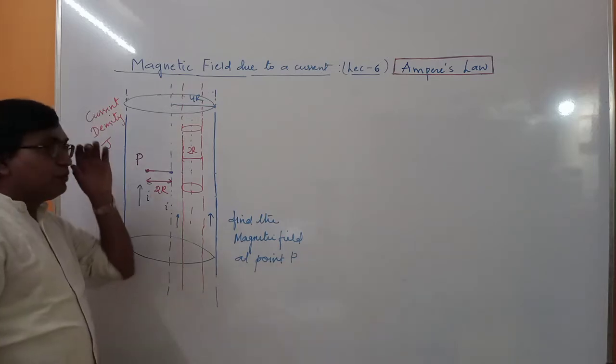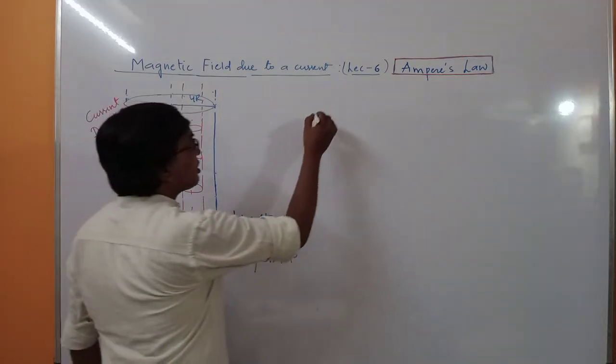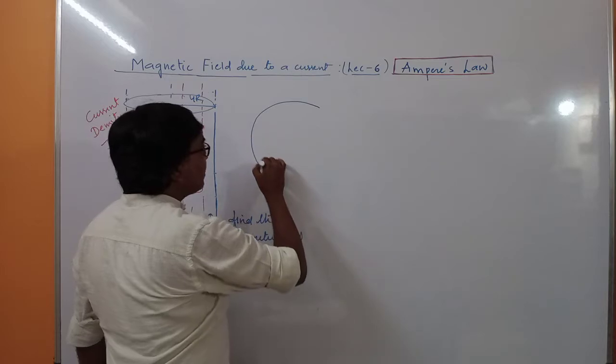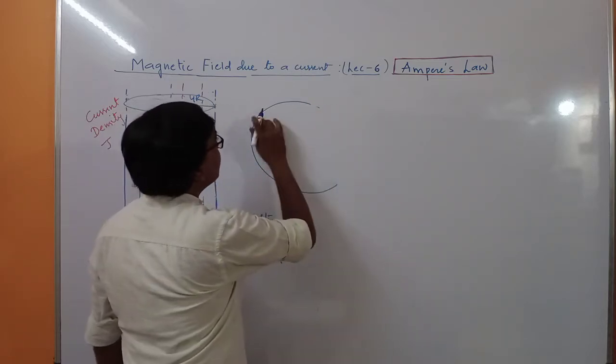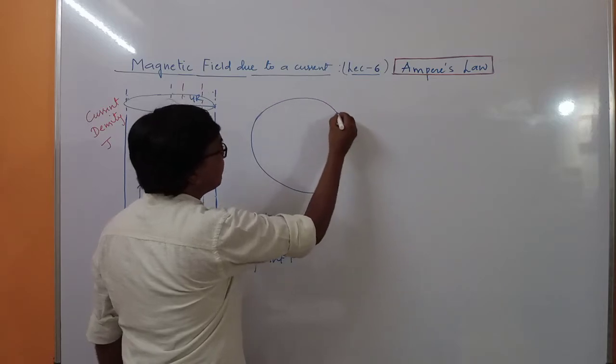So again we'll assume two cylindrical wires. Let us take the cross section and see how we can show the current distribution and the cavity in the cross section.